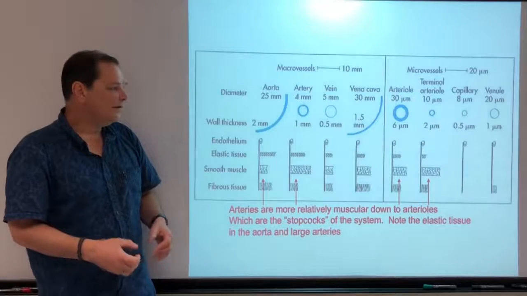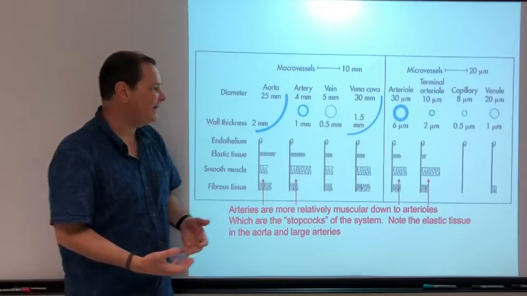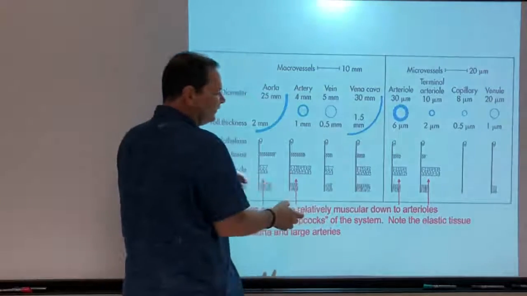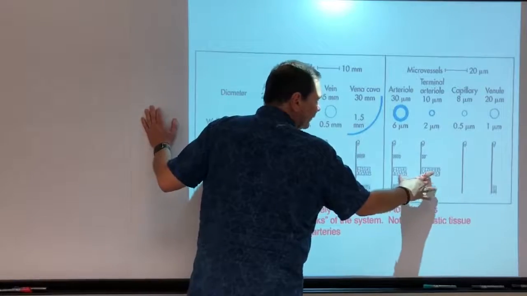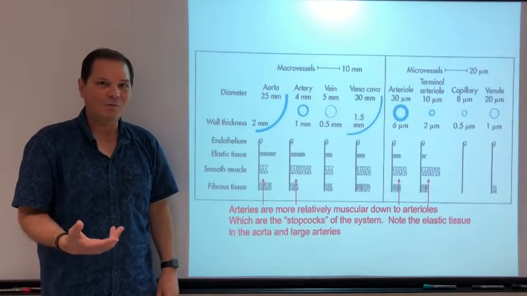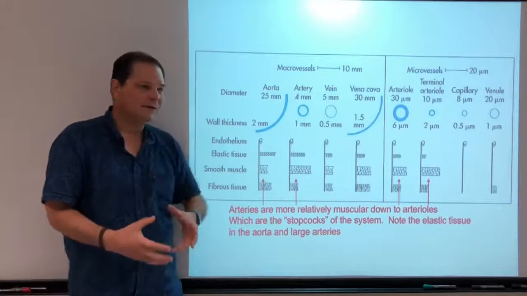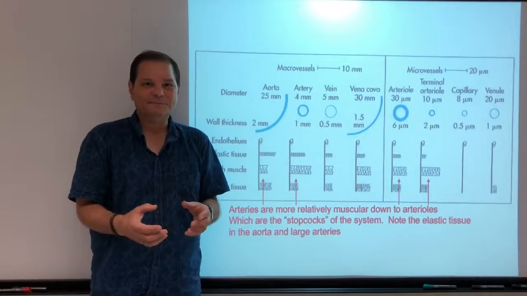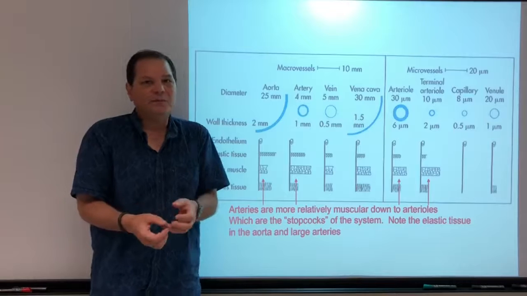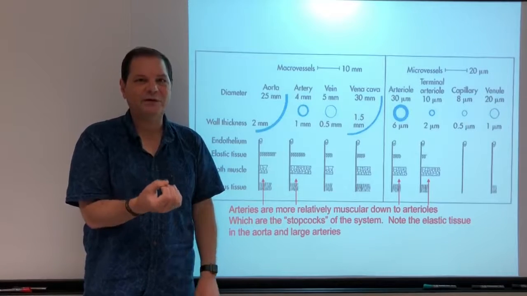So when we talk about resistance to flow through the system or through a particular bed, although all these arteries contract, the arterioles are where the resistance increases the most. And I'm going to show you, why we know that in a moment. So we call these arterioles the stopcocks of the system. That is, when your system really wants to restrict flow to a bed, what it really does is it constricts the arterioles.